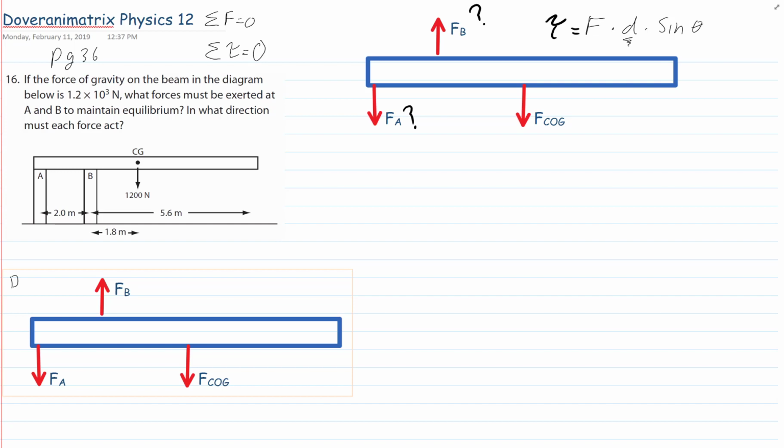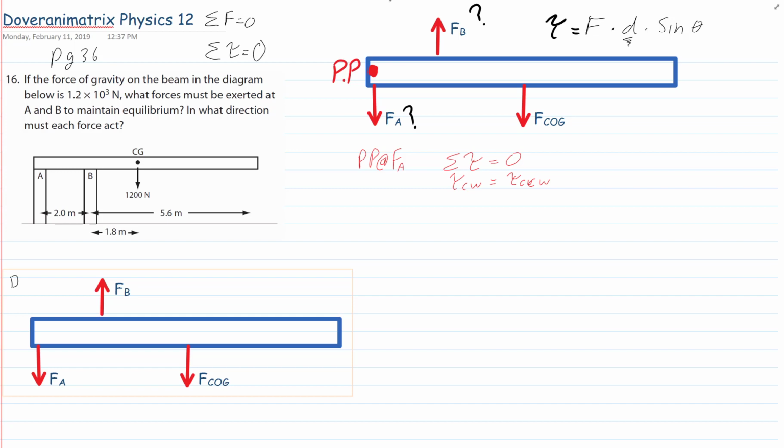So let's put the pivot point at A first, if there's going to be 2 times. So we'll do the sum of the torques equals 0 when the pivot point is at FA. So the torques clockwise is equal to the torques counterclockwise.